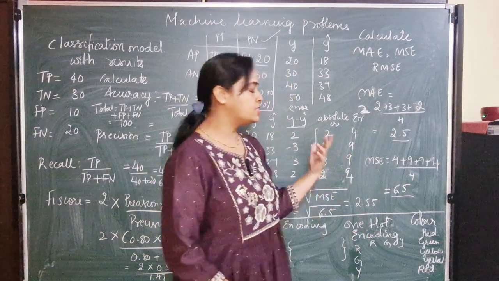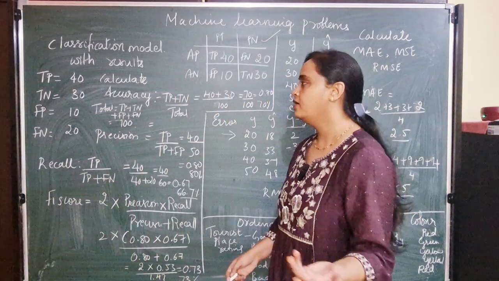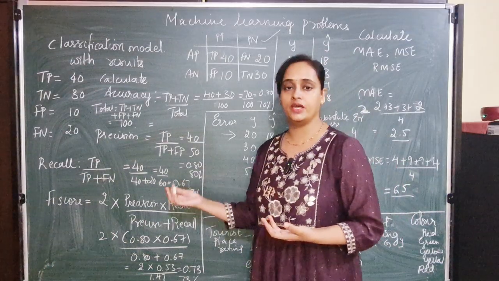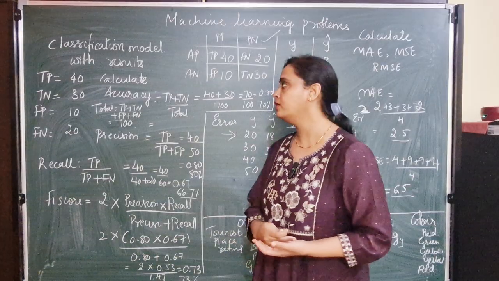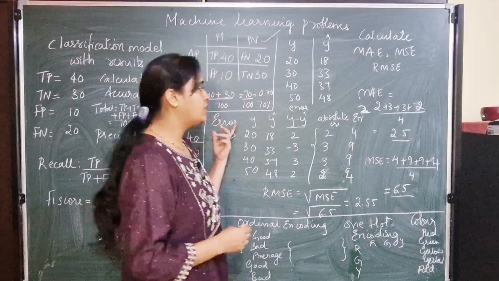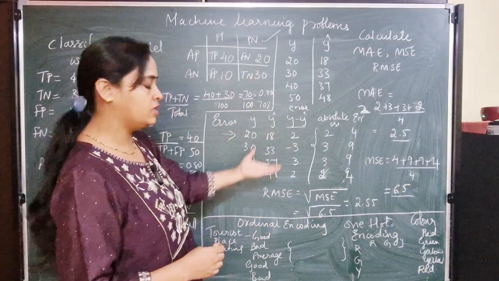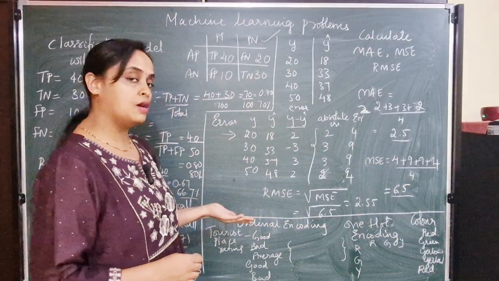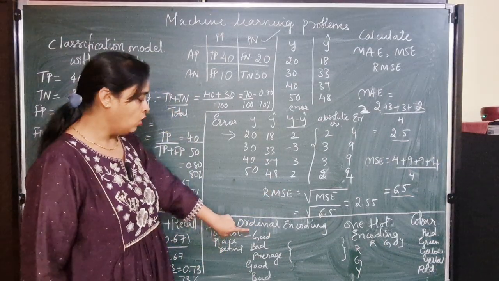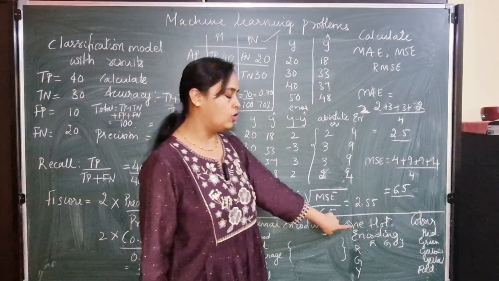So these are the two types of problem: where given true positive, true negative values, we calculate various evaluation metrics and represent the confusion matrix. The next kind of problem is, given actual value and predicted value, we calculate various errors. Next comes the concept of representing the data by using ordinal encoding and one hot encoding.